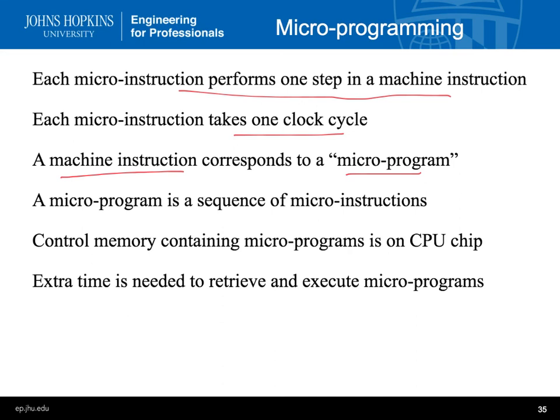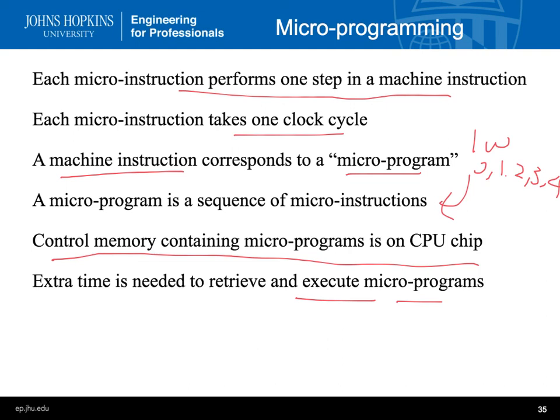Just like a load word is going to turn out to be 5 18-bit instructions, from state 0, 1, 2, 3, 4. So the load word is going to be that sequence of microinstructions that we might put on a chip, and we're going to have to retrieve and execute microprograms.